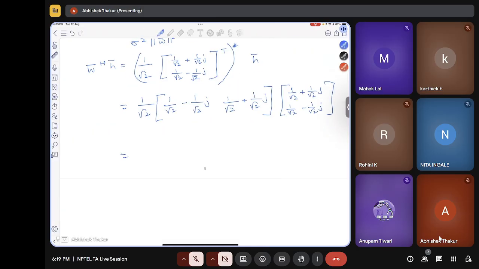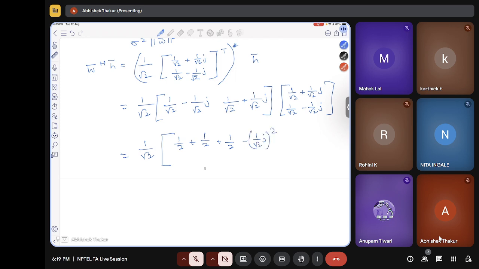So after this multiplication, we will get this term will be first term. So it will become 1 by 2 minus 1 by 2, and this j square, it will become again plus 1 by 2 and minus 1 by root 2 j square.